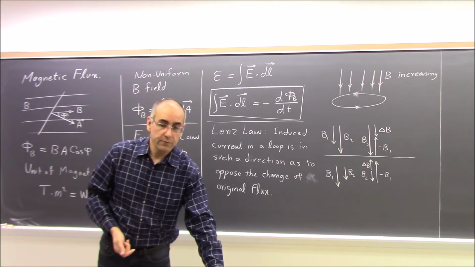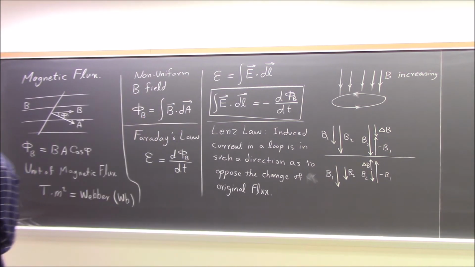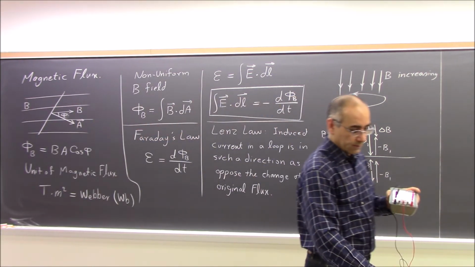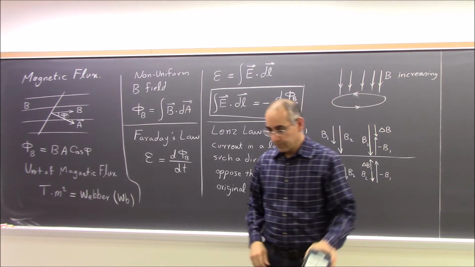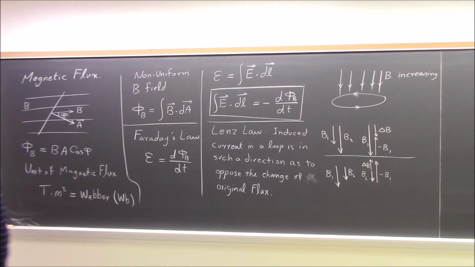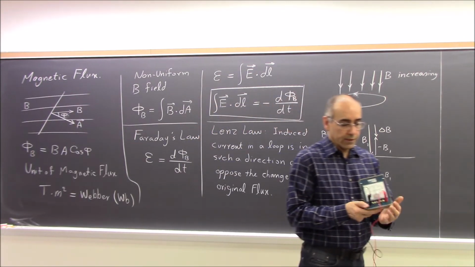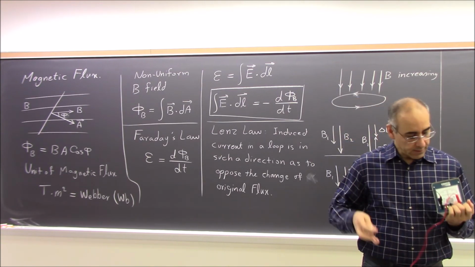And that's why when you do this experiment, you move the magnet one way, you see here, with the magnet here, you move one way, you get current in one direction. You move the other way, you get current in the other direction.